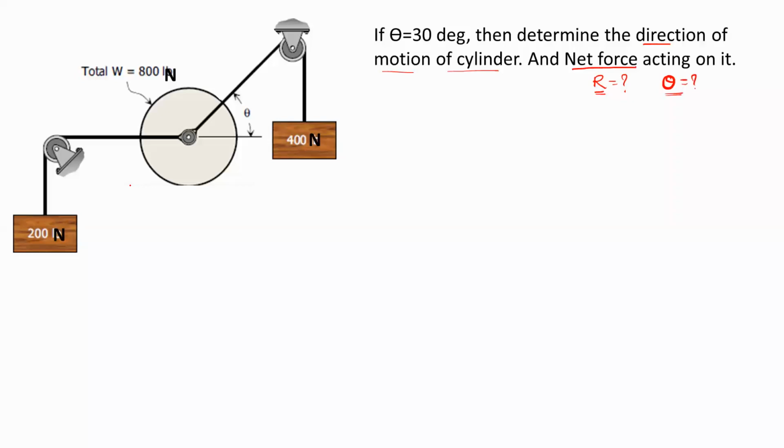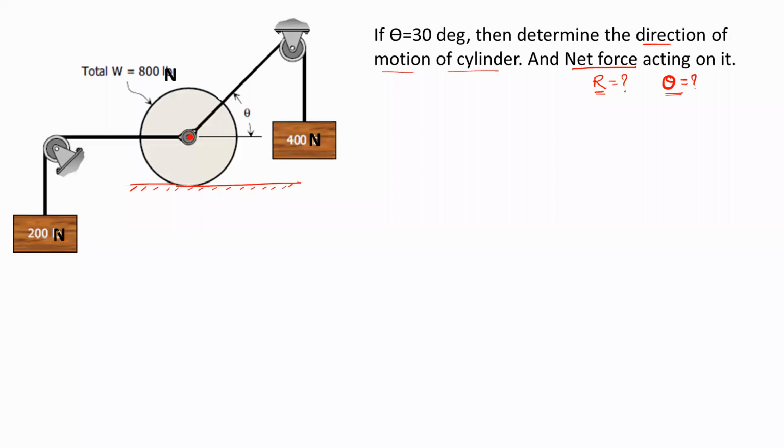So suppose this cylinder is kept on a horizontal surface like this, and this is the center of the cylinder. Two cables are connected to this center.